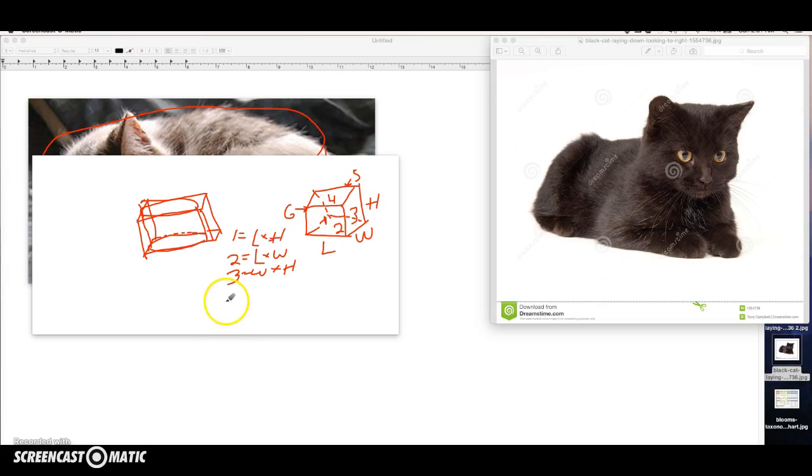Four would be the length times the width also. 5 would be the length times the height. We've got the length back here and the height. And then the 6, sorry, that looks like a G. That is the height times the width, or width times height.